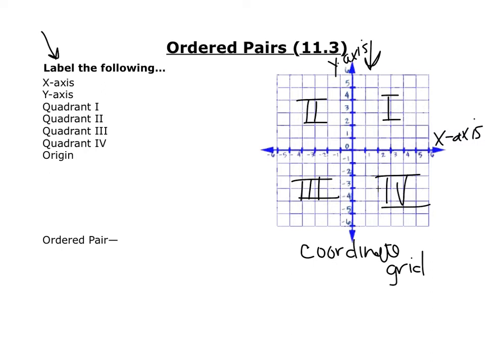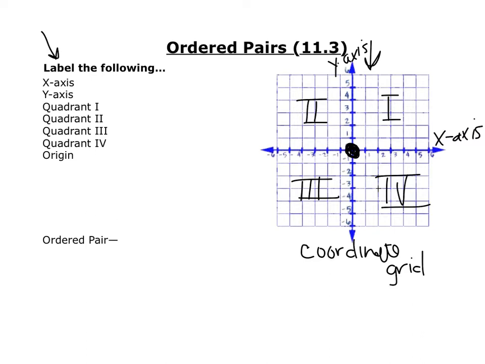There's one other thing left on our list here, and that is the origin. If you had to guess where you thought the origin was, where you thought everything started, where would you guess? Did you guess the middle? I hope you guessed the middle, because that's where it is. The origin here is right smack in the middle. That's your origin point.